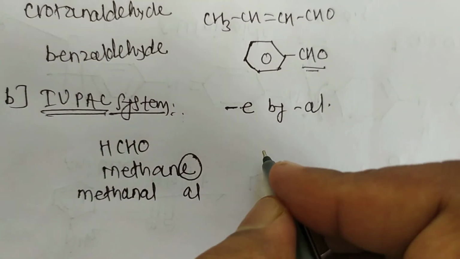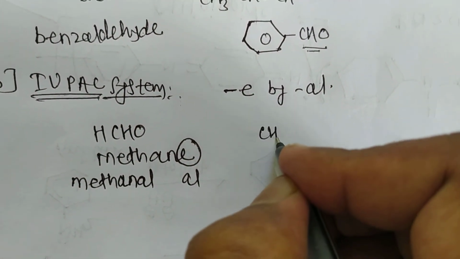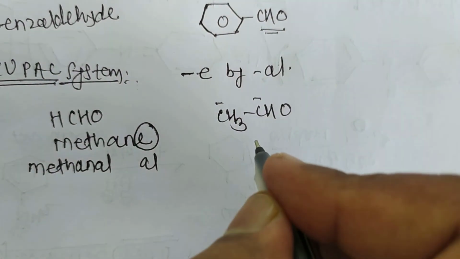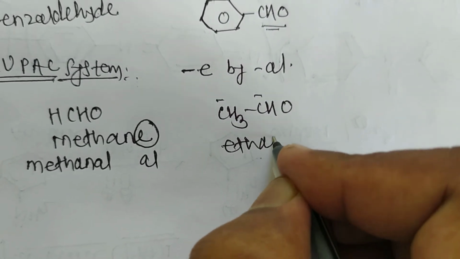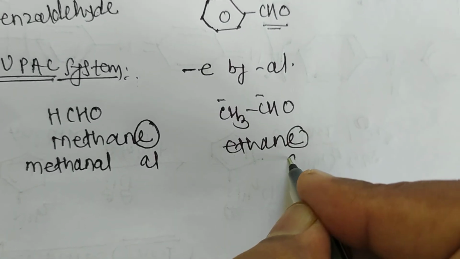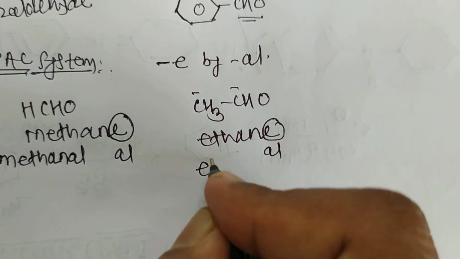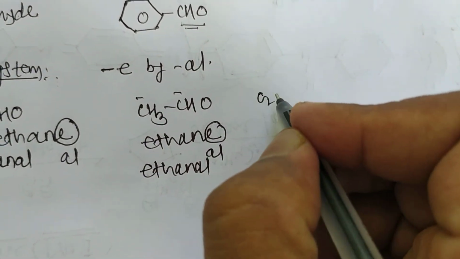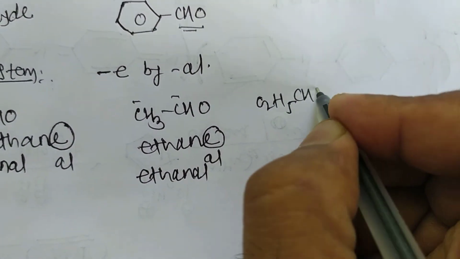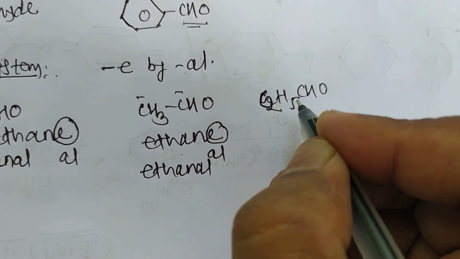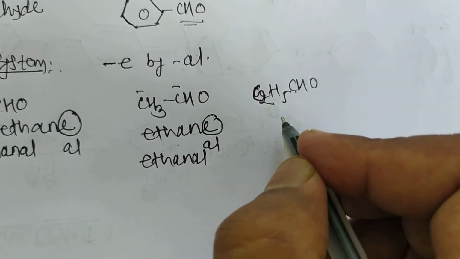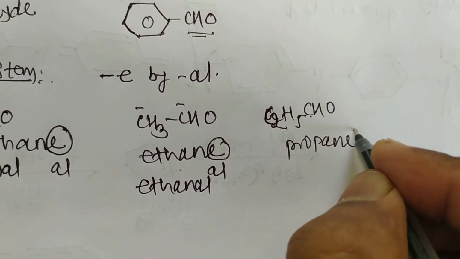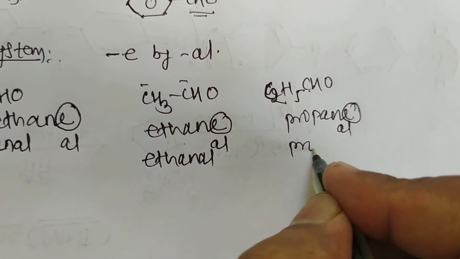Another example: if we take acetaldehyde CH3CHO, 2 carbon atoms are present, therefore it is a derivative of ethane, this E is replaced by Al, therefore it becomes ethanal. Similarly, if you take C2H5CHO, 3 carbon atoms are present, therefore it is a derivative of propane, and the last E is replaced by Al, that means propanal.